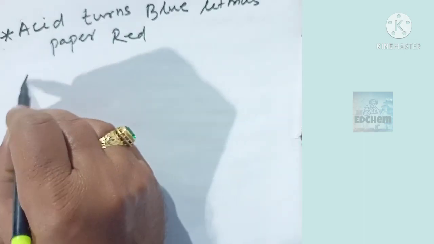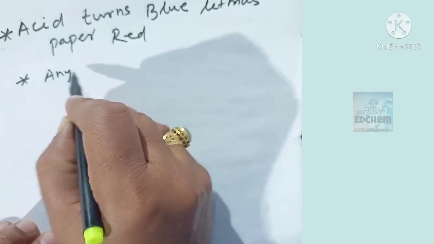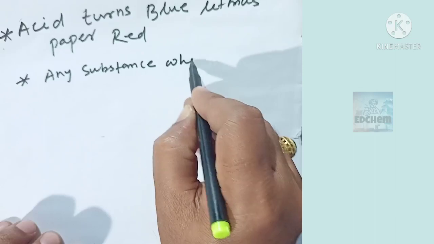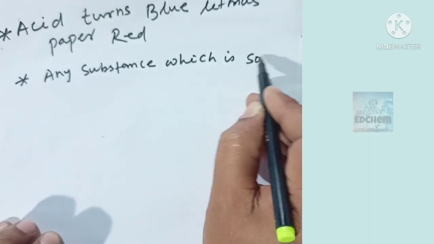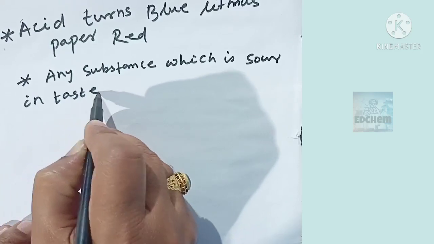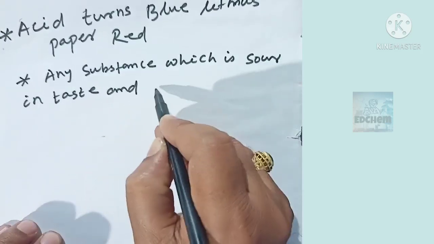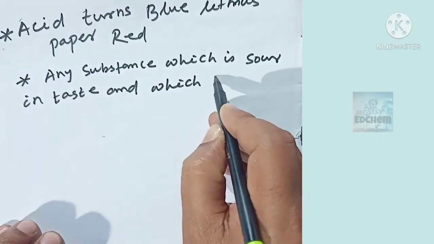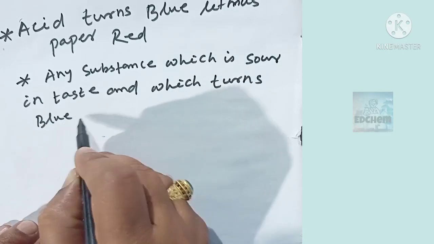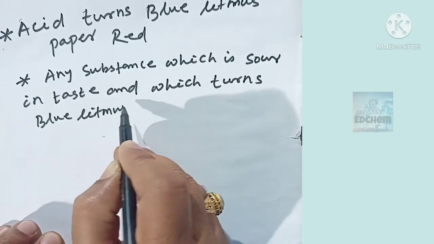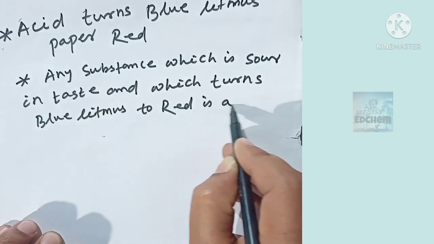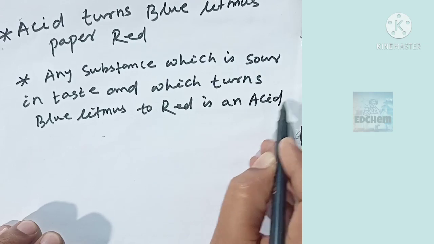So any substance which is sour in taste and which turns blue litmus to red is an acid. Okay.